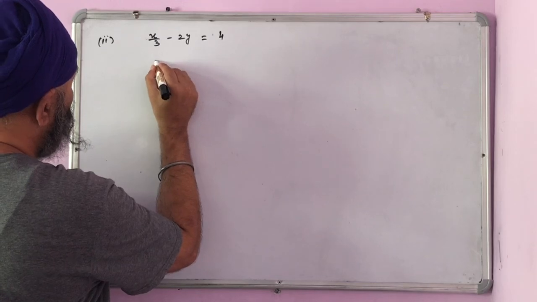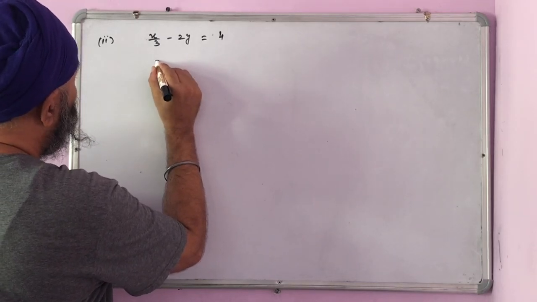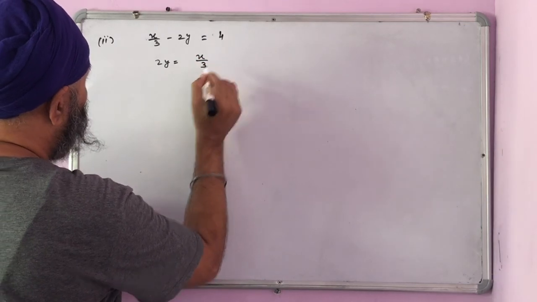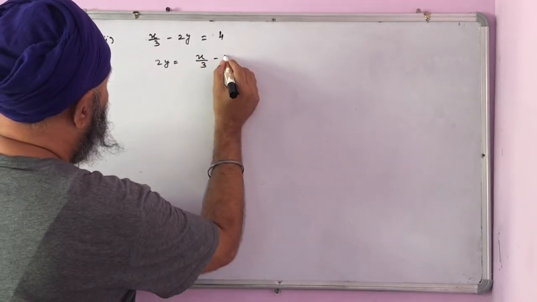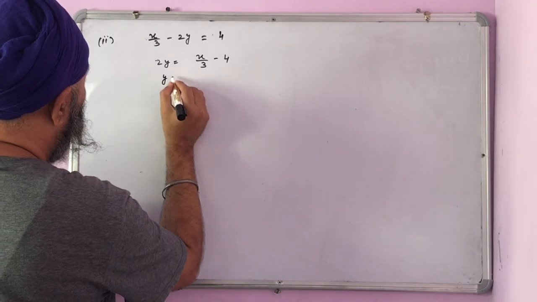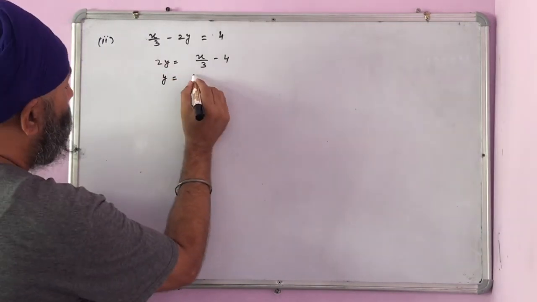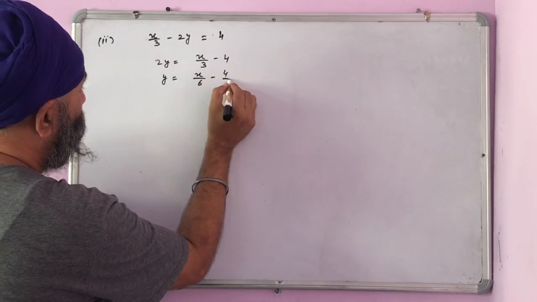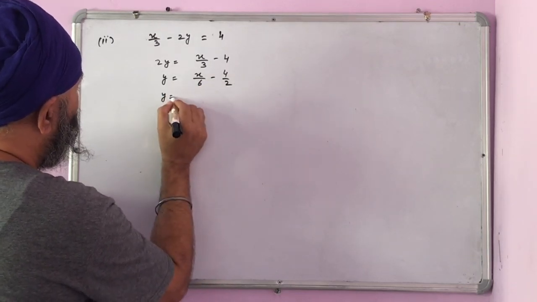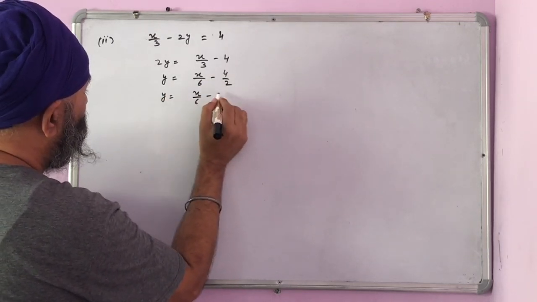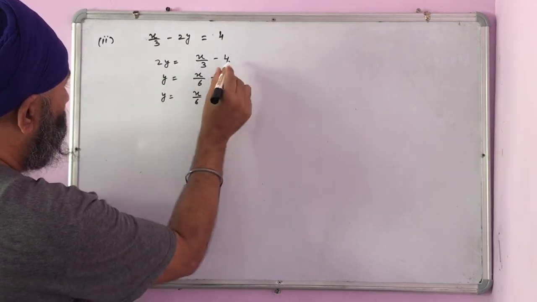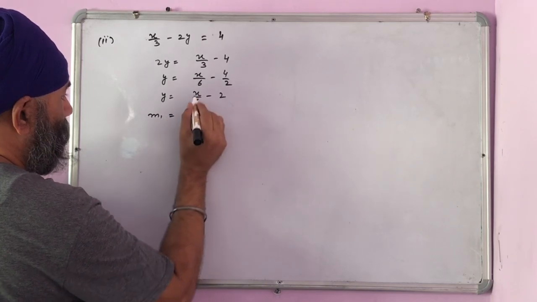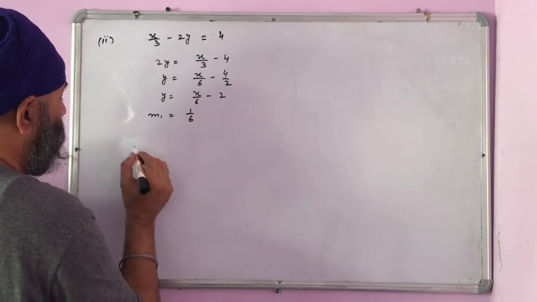So it is 2y is equal to x upon 3 minus 4. y is equal to, 2 will get divided, x upon 6, 2 threes are 6, minus 4 upon 2, or y is x upon 6 minus 2. 2 will get divided with every term. So m1 is equal to 1 upon 6.